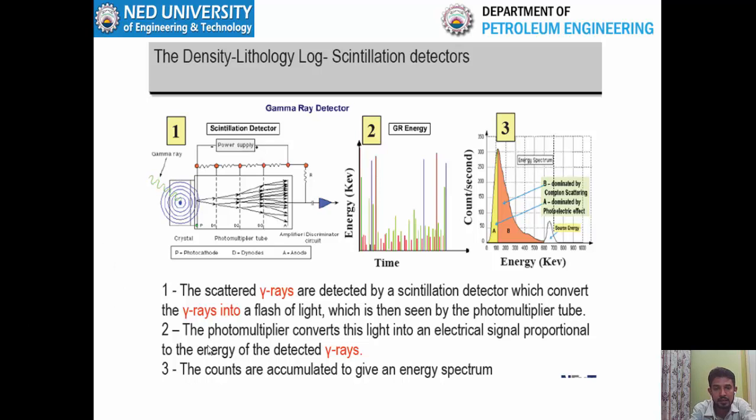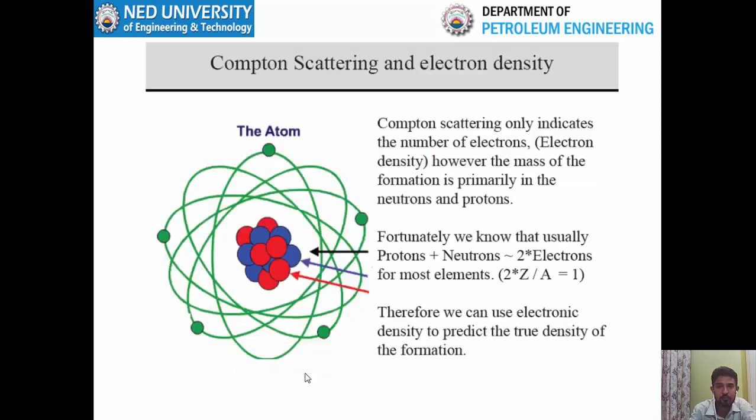They are detected by a scintillation detector, which converts the gamma rays into a flash of light, which is then seen by the photomultiplier tube, and that photomultiplier tube converts this light into an electrical signal proportional to the energy of the detected gamma rays. Again, the counts are accumulated to give an energy spectrum.